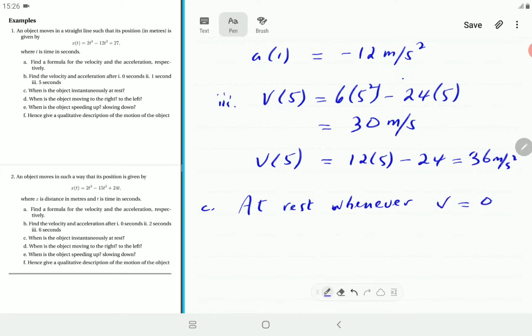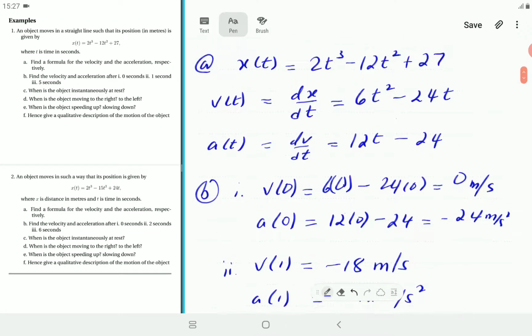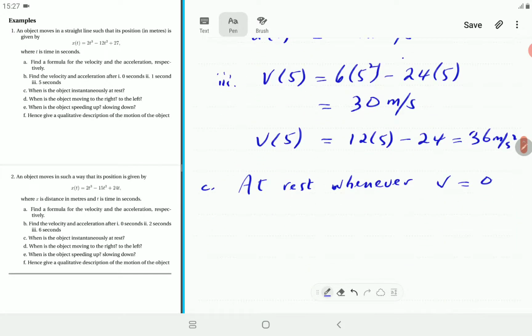Whenever the velocity is 0, that means the object is instantaneously not moving. So what we're going to do is take this formula for the velocity, equate it to 0, and solve. So I've got 6t squared minus 24t, and we equate this to 0.